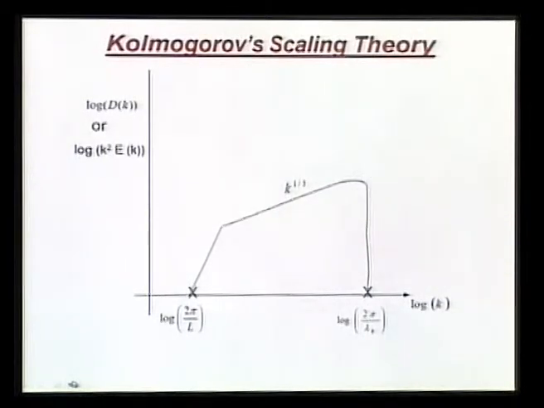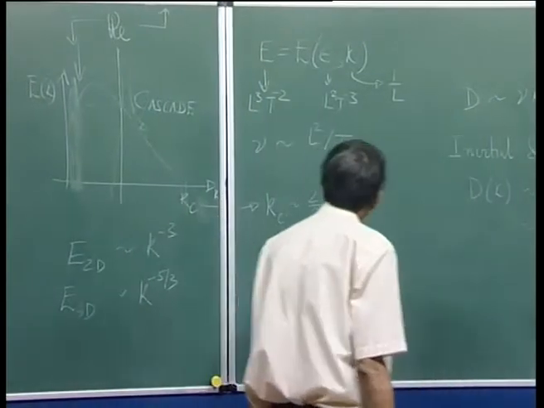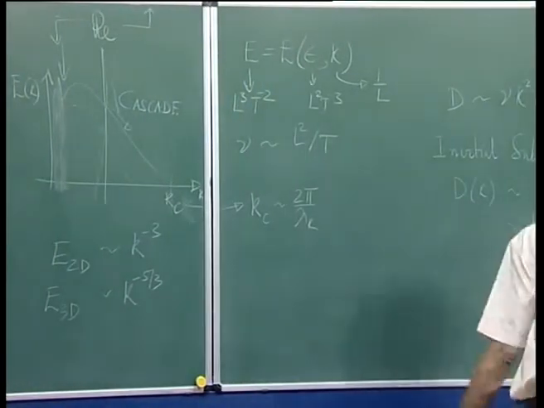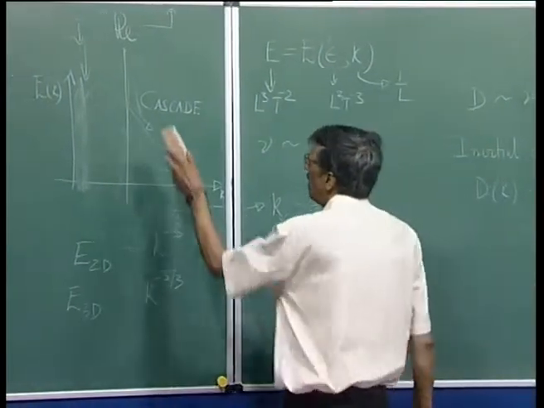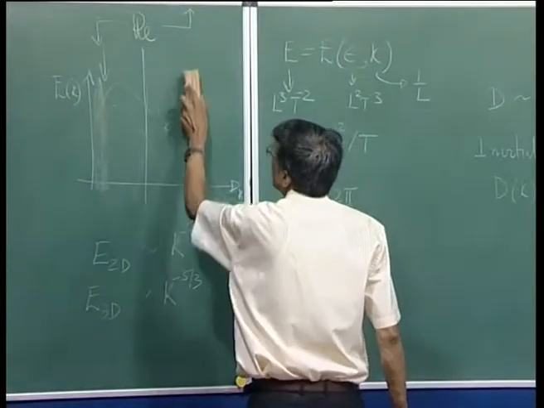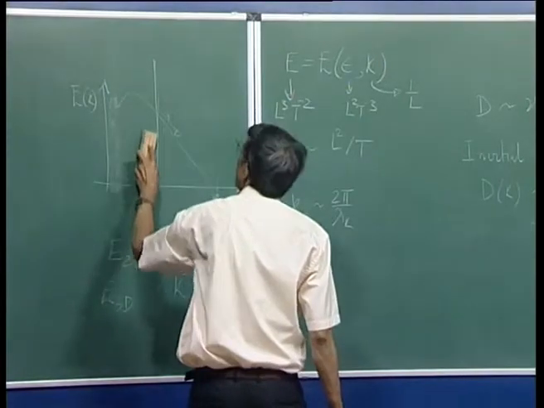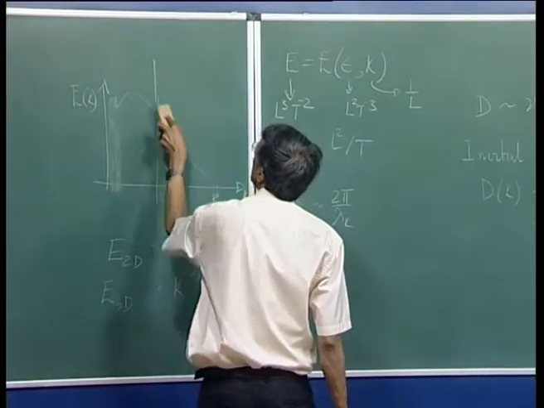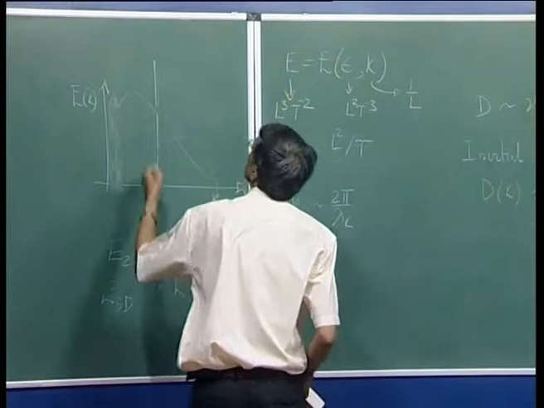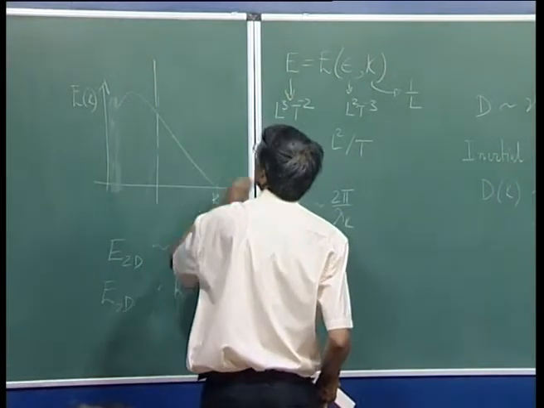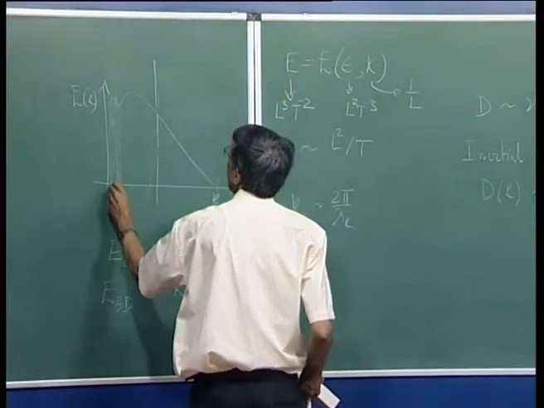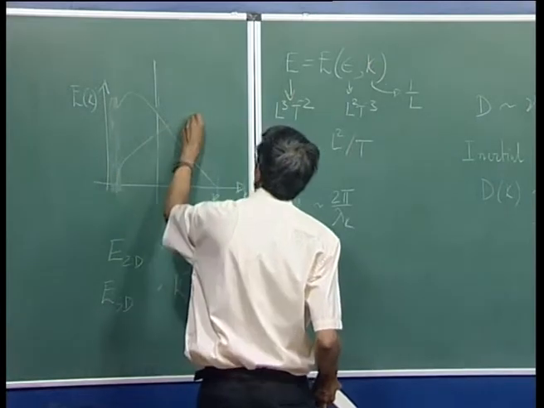This is a very instructive picture, which many people do not keep track of. If I plot this as E of k, which goes like this, my D of k goes like this.